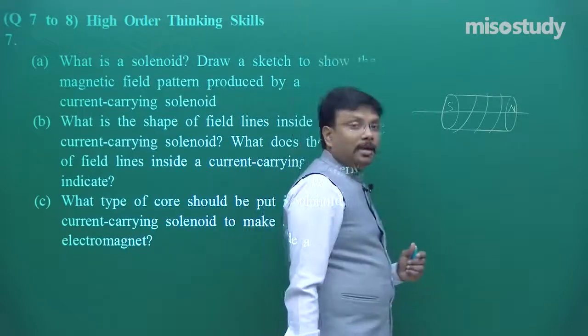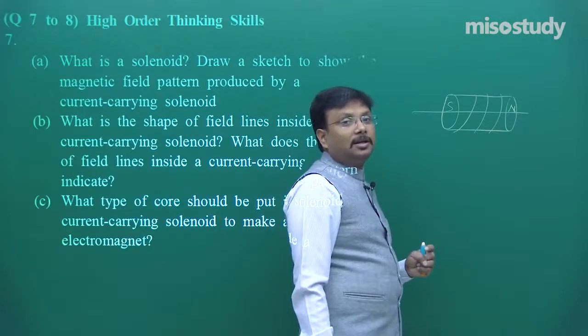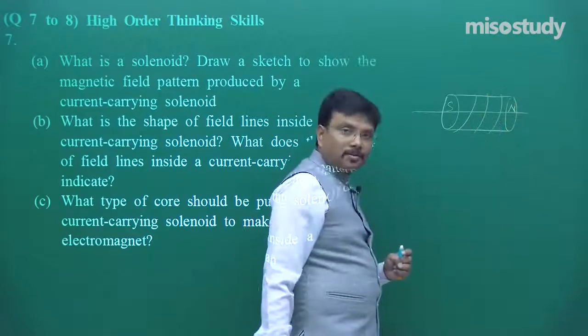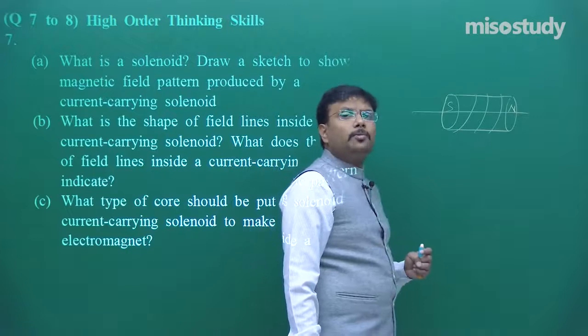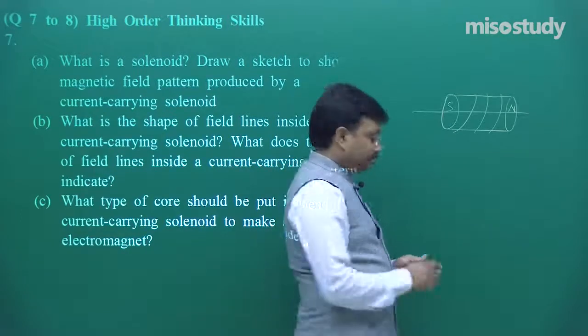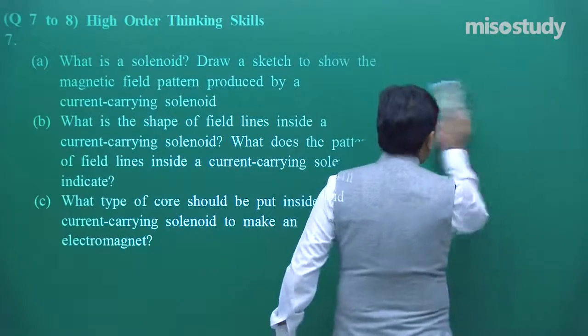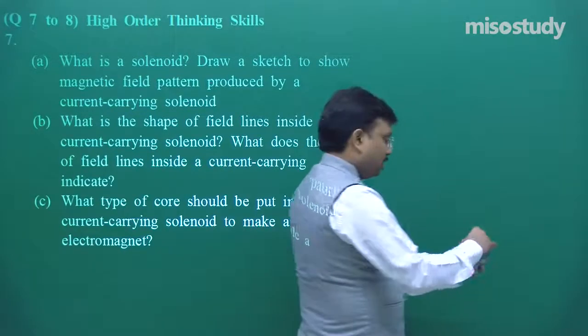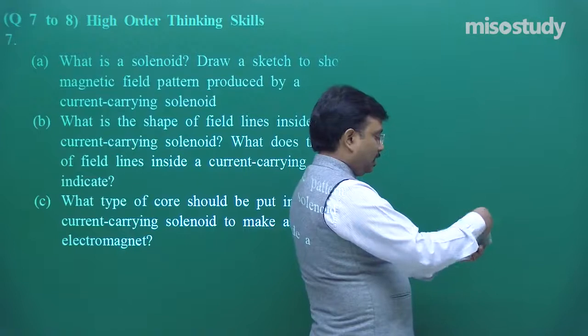So, you know magnetic field lines start from north and enter into south. Accordingly you can show the magnetic field lines. Fine, it is going to be like a bar magnet. Sketch means draw the diagram.